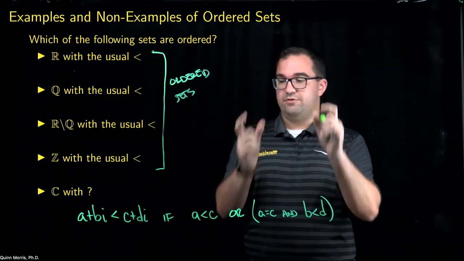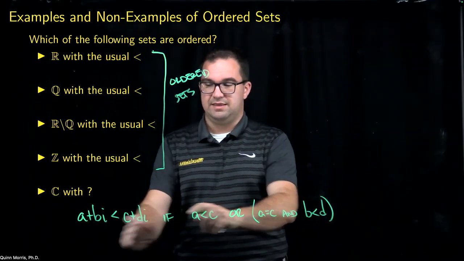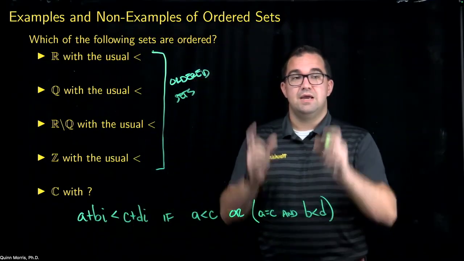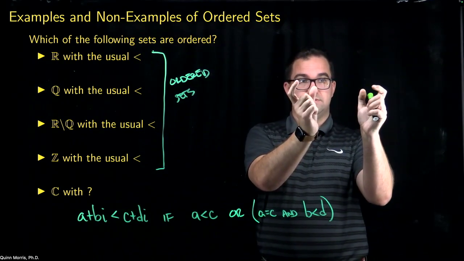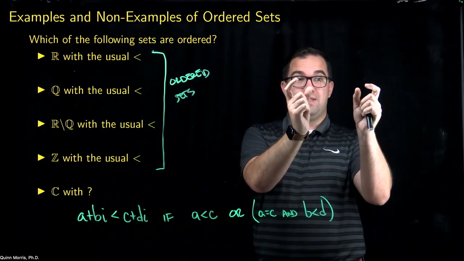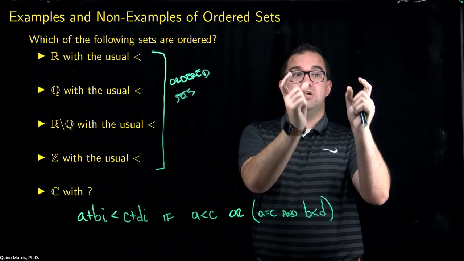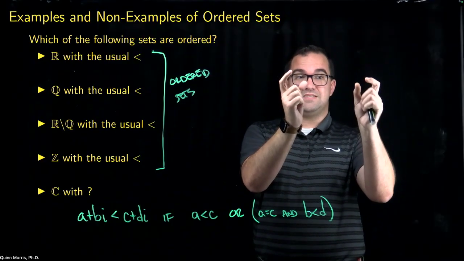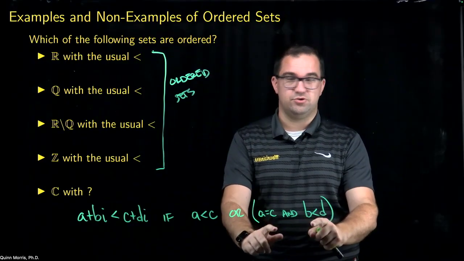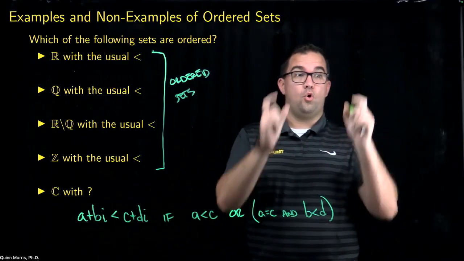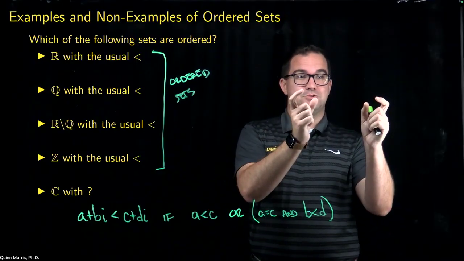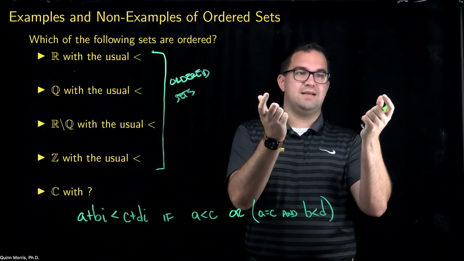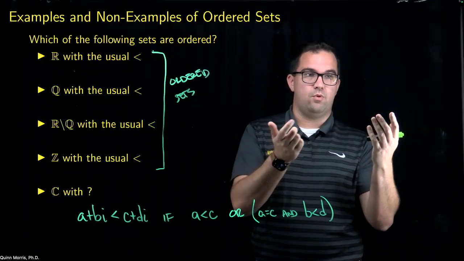If one of them is greater than or equal to the other, then you're immediately in this case and you can compare them. If the two real parts happen to be equal, then you move to the complex parts. The coefficient of the complex part is just another real number. So either one of them is less than or equal to the other, in which case you're in this case and you can compare them, or they're equal to each other. But if the real parts and the complex parts are both equal to each other, then your two complex numbers are equal, and so you have equality.